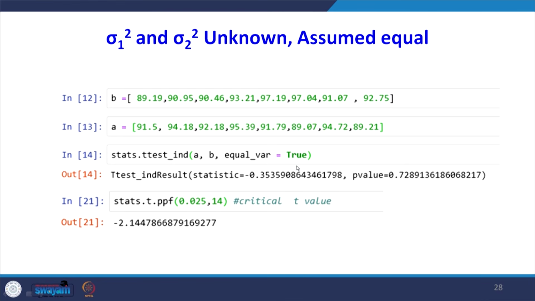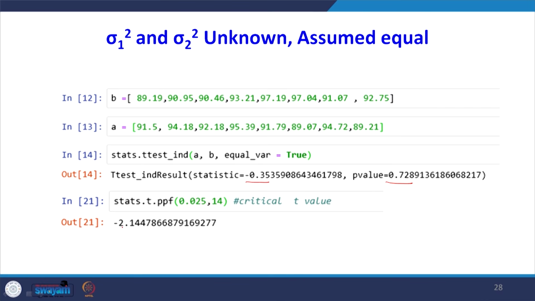It can be True or False; after some time we will solve that problem. When it is True, we directly get the test statistic minus 0.35. The p value is 0.72. So, we have to accept our null hypothesis.